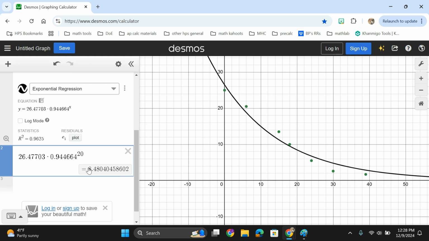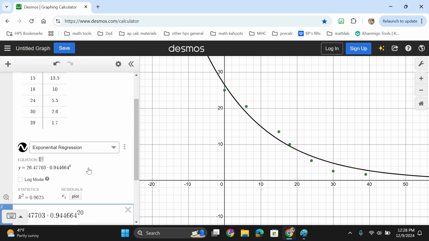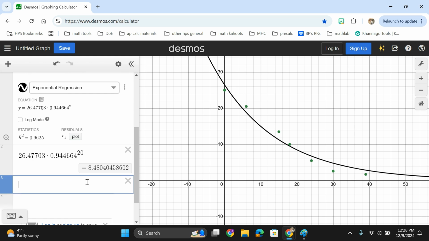To get an exponent, we press Shift 6 to get the caret. If these types of questions are on your unit test, or your halfway of the unit test, you will have access to the full Desmos calculator for these types of questions. Not every question, but so you can get used to using these.